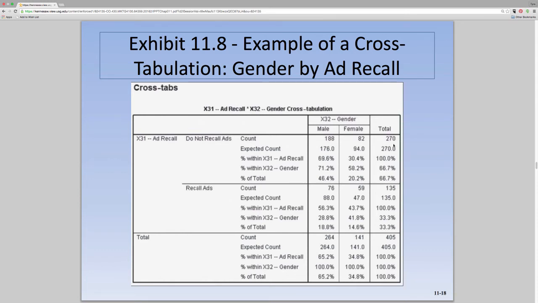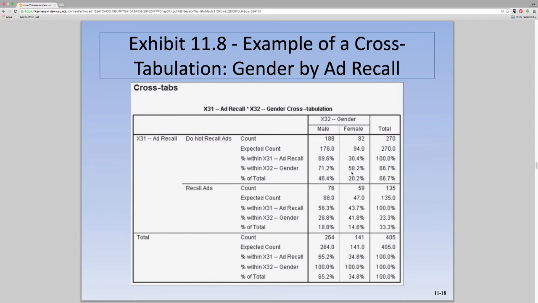So out of those 270 people, 188 of them were male that did not recall the ad, and 82 were female. Okay, so the percent of the total here, 46% were men that did not recall, 20% were females that did not recall. Okay, but if we want to look at it within gender, 71.2% of men did not recall the ad versus 58.2% of women.